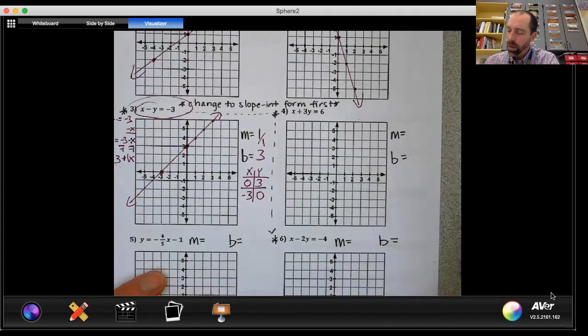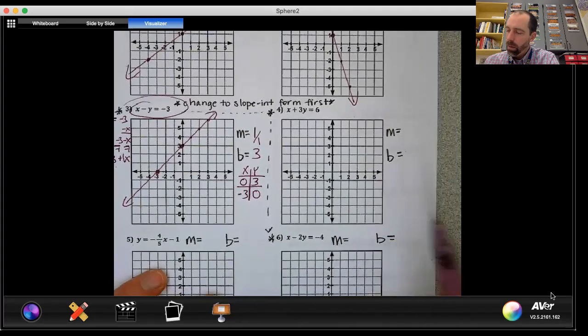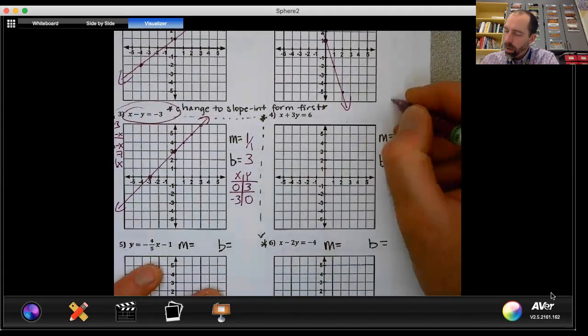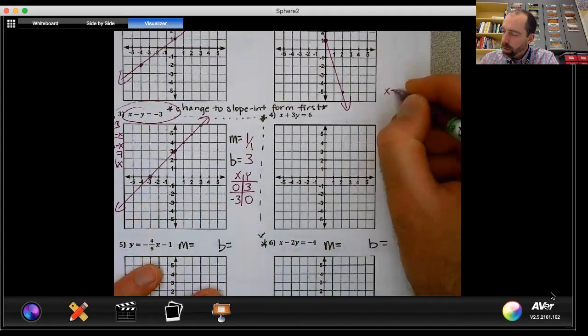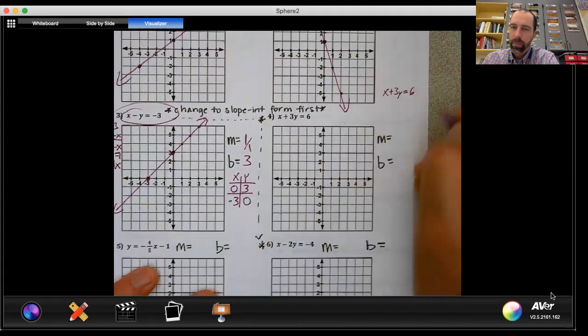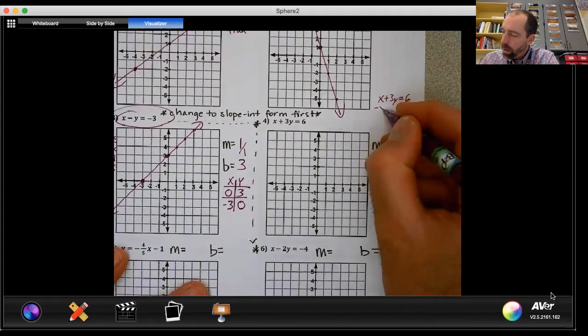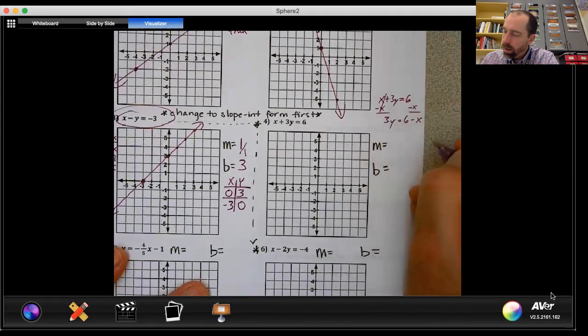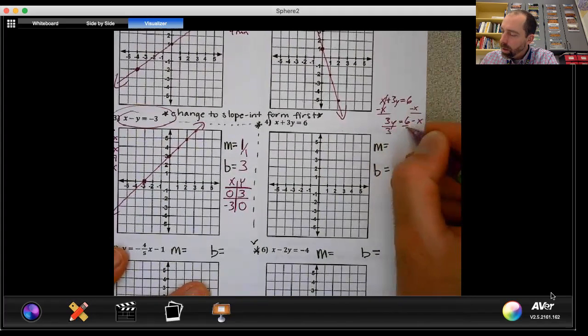So let's do one more standard form example. Let's look at number 4, all right? So I'm going to show you how to put this into slope-intercept form. X plus 3y equals 6. Okay, so we're going to subtract x from both sides, and you get 3y equals 6 minus x, and then divide everything by 3.